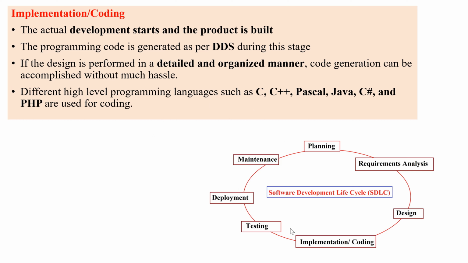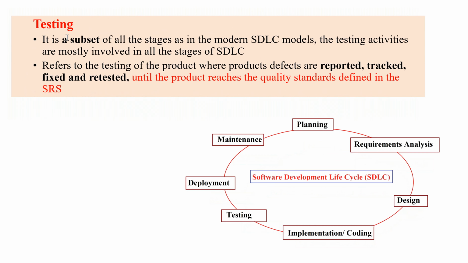After the coding is done, the most important phase comes, that is the testing stage. Let's try to understand what the testing stage is. This testing stage is basically a subset of all the stages in the SDLC process. Testers, QA or QC, do the testing procedure. In this stage, the testers find defects, report them, track them, fix them, and again retest the application.